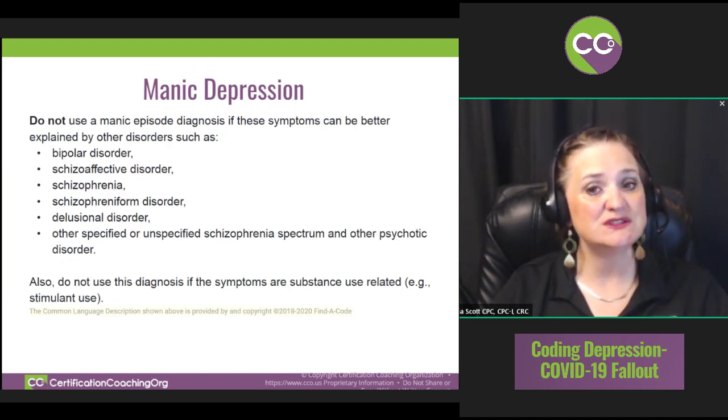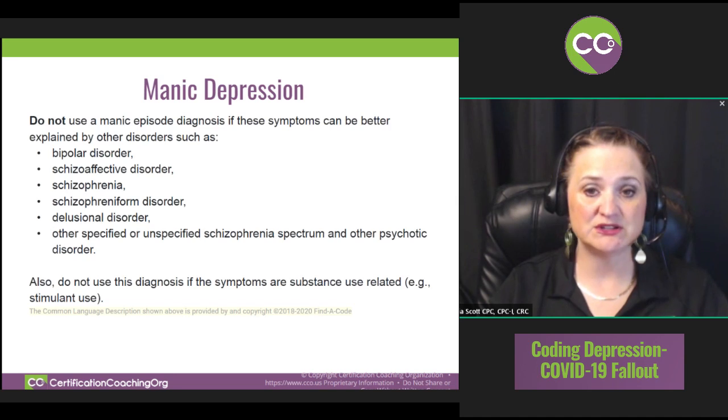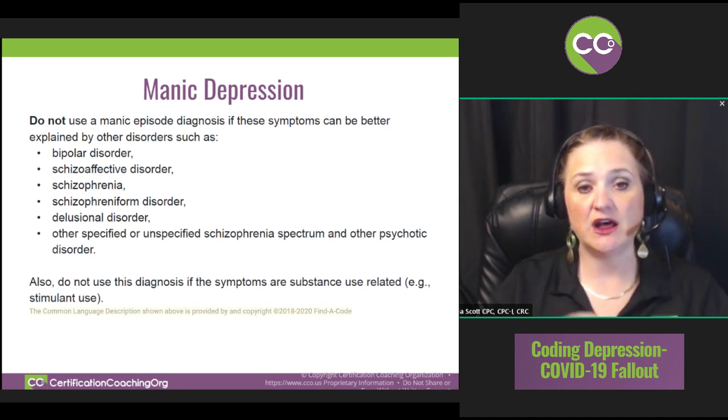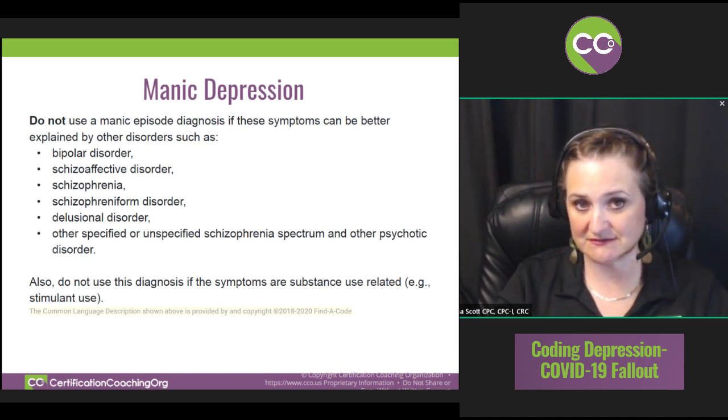Also, do not confuse these with other disorders that have similar signs and symptoms. You can have a manic episode, and other disorders have the same signs and symptoms.